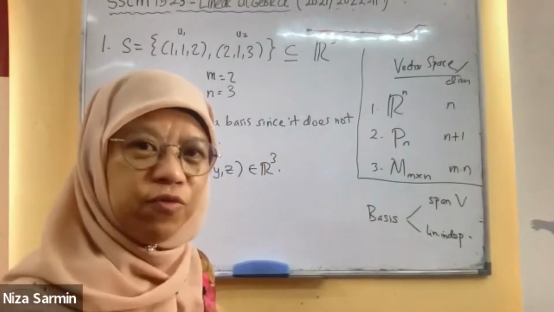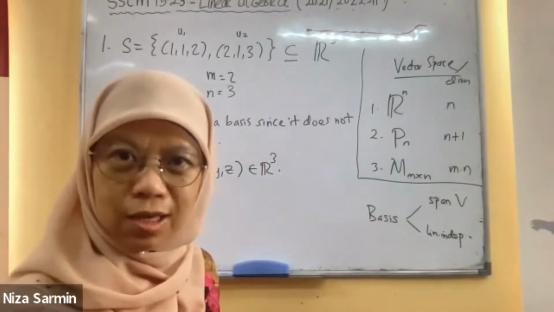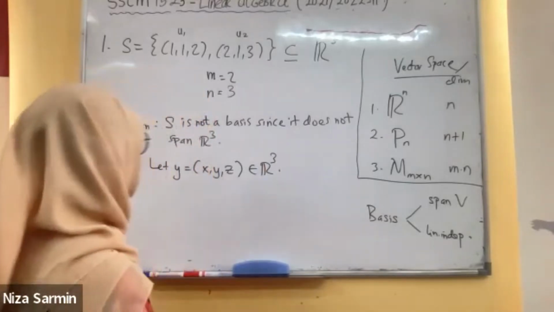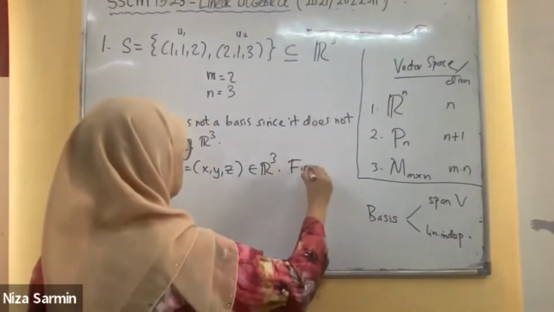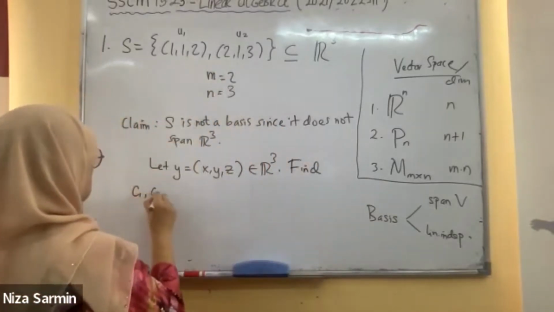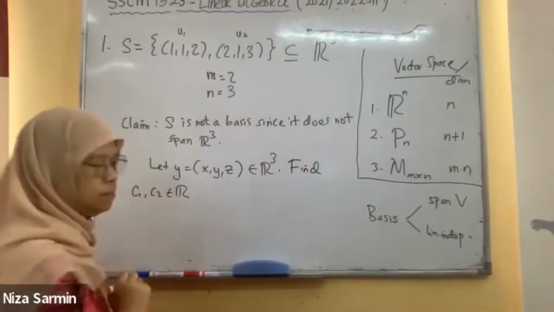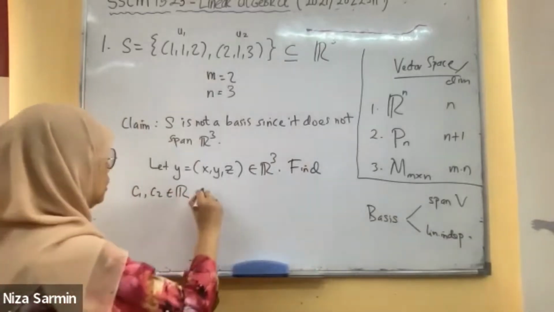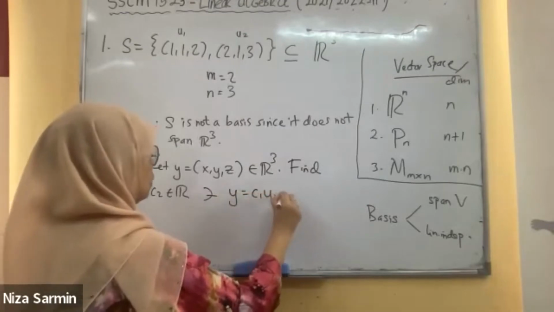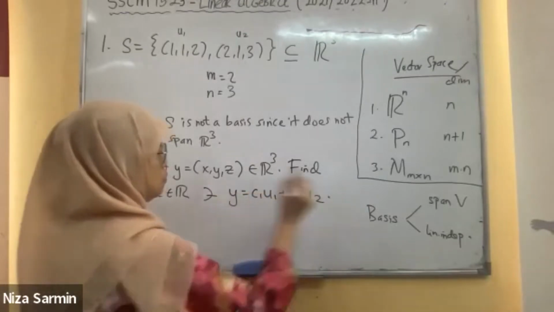If you don't know what V is, you cannot put Y equals what and solve in general. So find, there's only two, right? C1, C2 in R, such that Y is C1 U1 plus C2 U2.